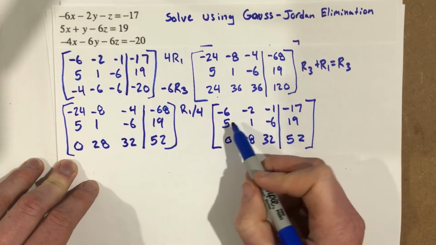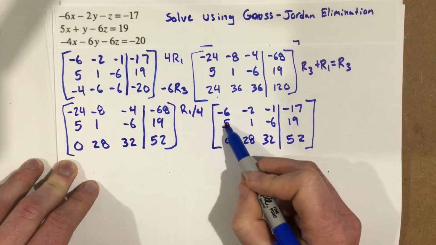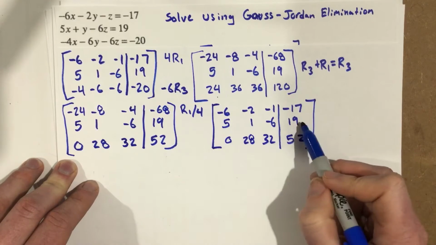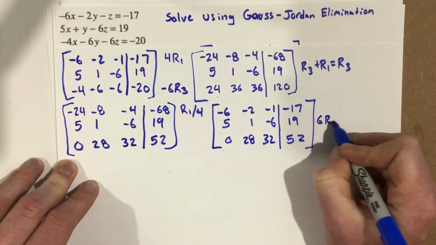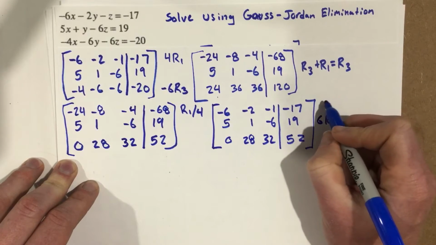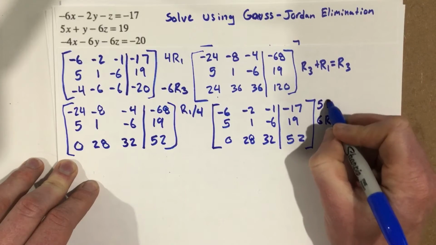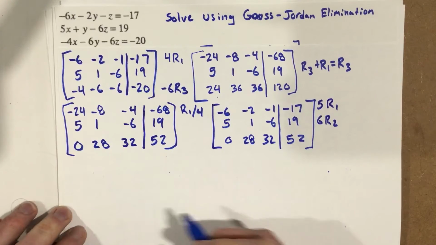Alrighty. I need to cancel this term right here, so I'm going to multiply the middle row by 6, so 6 times row 2, and I'm going to do the top one 5 times row 1 and add them together.